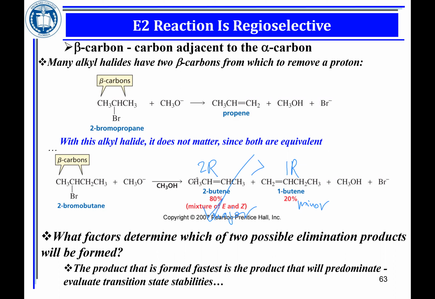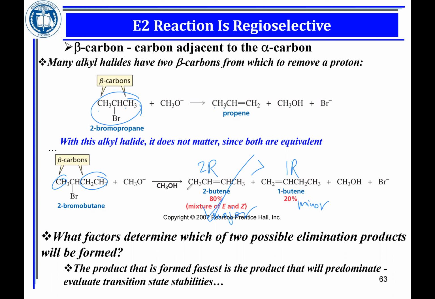So going back to this structure that we had earlier, if it's symmetrical, it doesn't matter which hydrogen is being abstracted by the base. If it's asymmetrical, you have two different alkyl groups on the left and right. The one that would yield the higher R alkene, or highly substituted alkene, is going to be the major product.